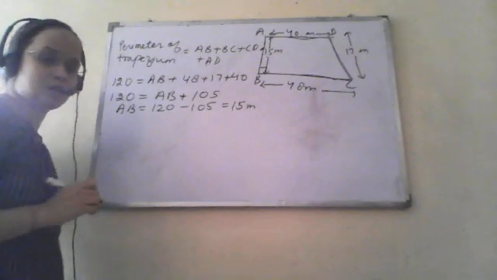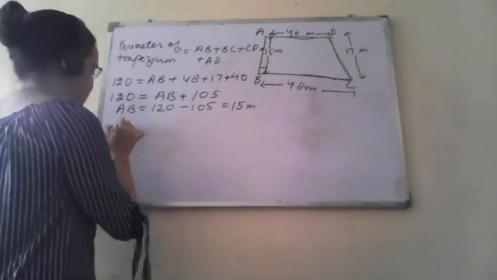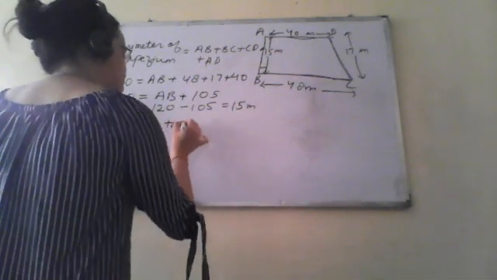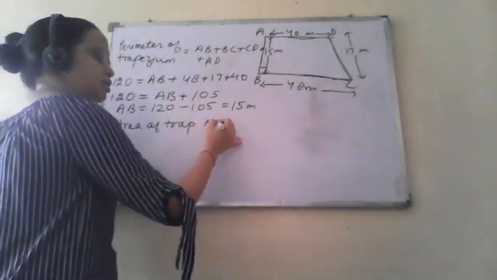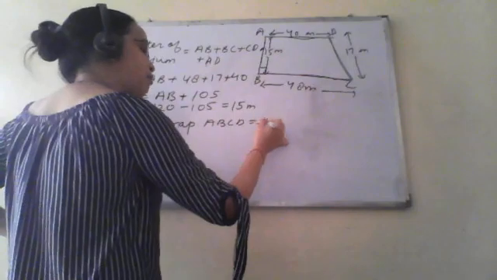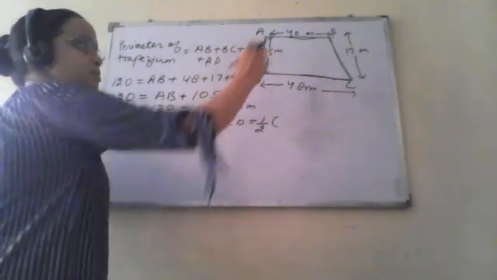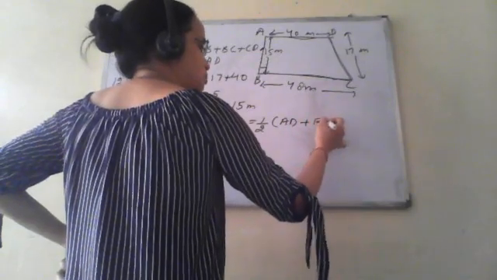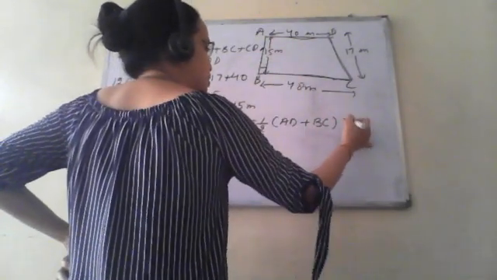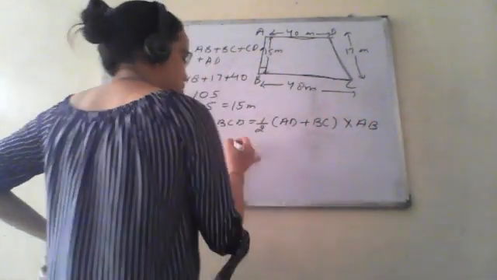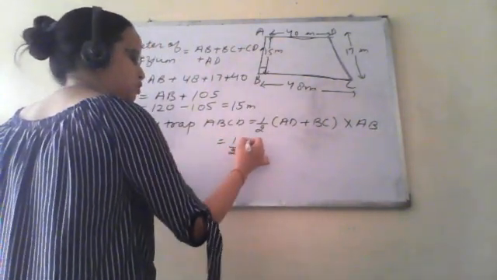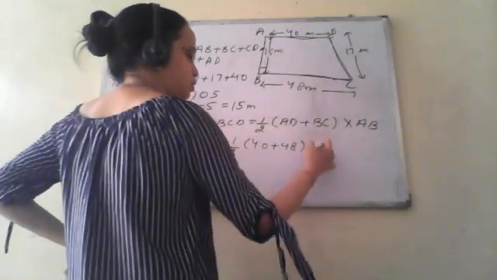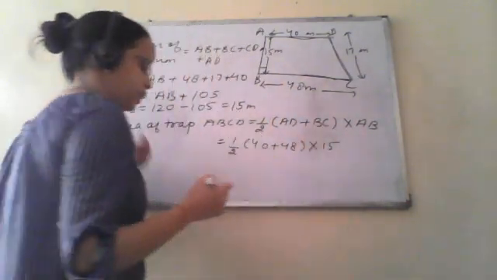Now we can easily calculate the area of the trapezium. The area of trapezium ABCD will be equal to half the sum of the parallel sides. The parallel sides are AD plus BC into this height AB. So it will be 1 by 2 into 40 plus 48 into 15.